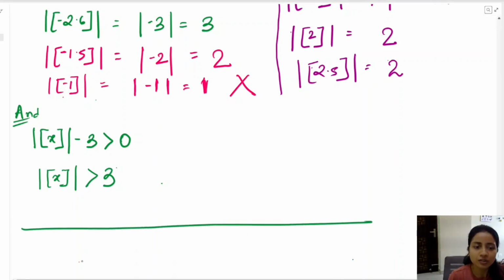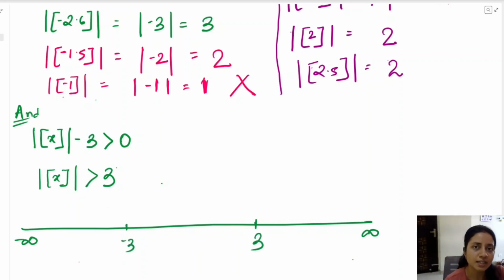Let's draw the real line for better understanding, from minus infinity to positive infinity. Here 3, negative 3. This time the equality sign is not there, so we cannot say that x can be positive 3 or negative 3.